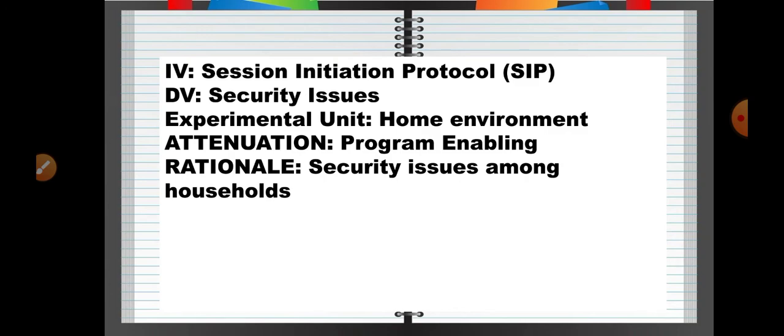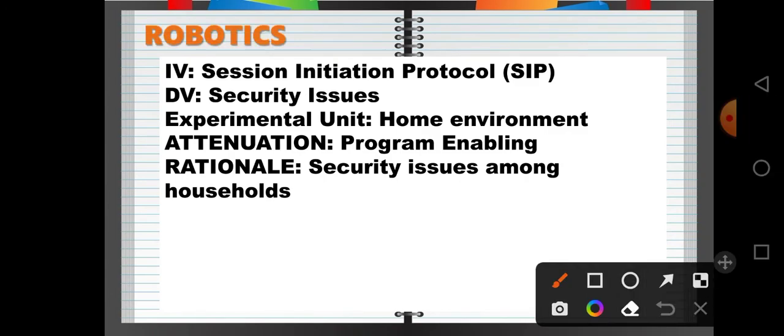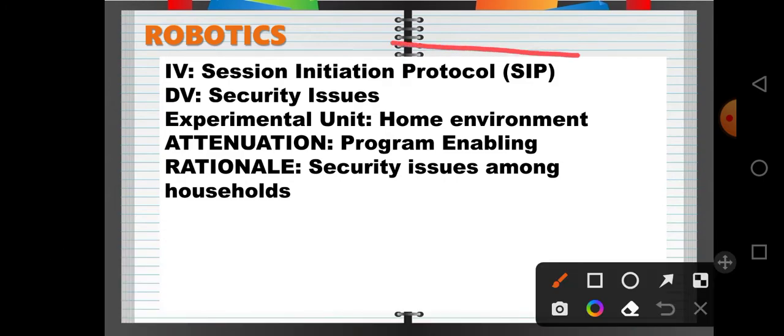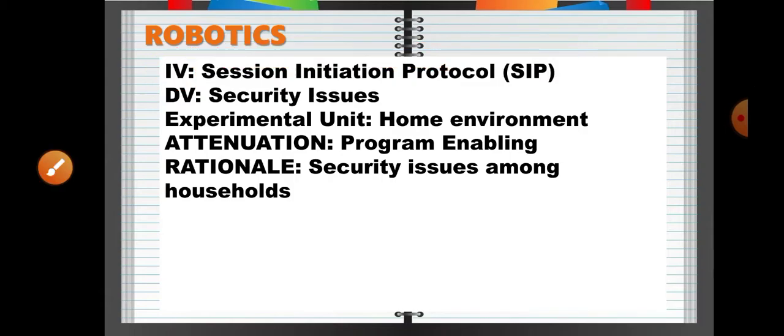Next, we have titles under robotics. So our independent variable here is the session initiated protocol, or the SIP. And actually, the IV for robotics are sometimes the modulation or the program used to program your robots. Our dependent variable here is the security issue and the experimental unit is the home environment.